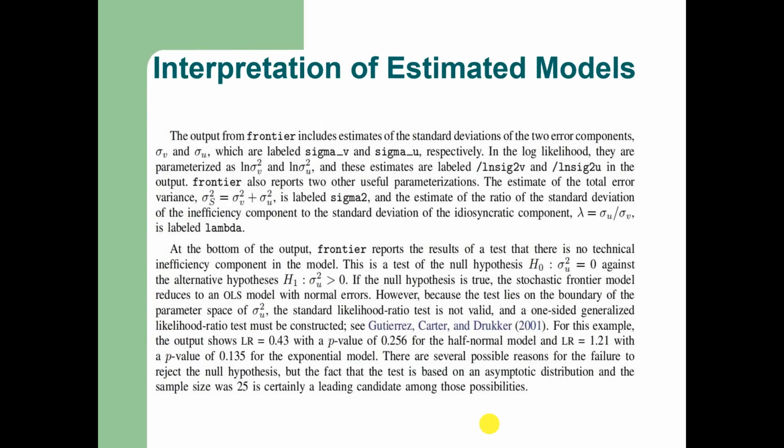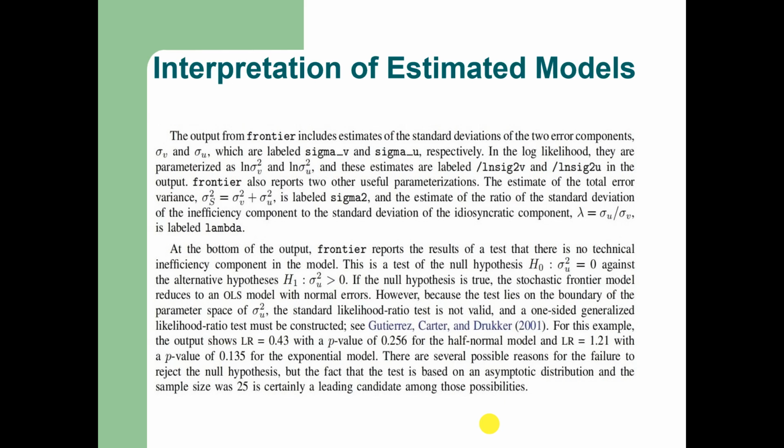The output from the stochastic frontier production model includes estimates of the standard deviations of the two error components, that is sigma v and sigma u, which are labeled sigma sub v, sigma sub u respectively.